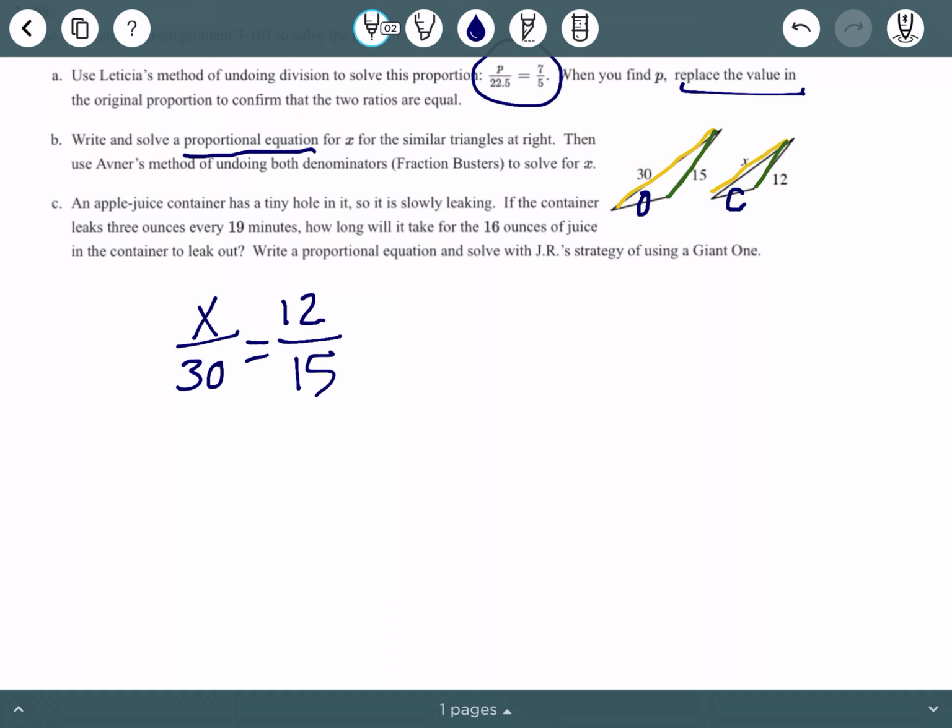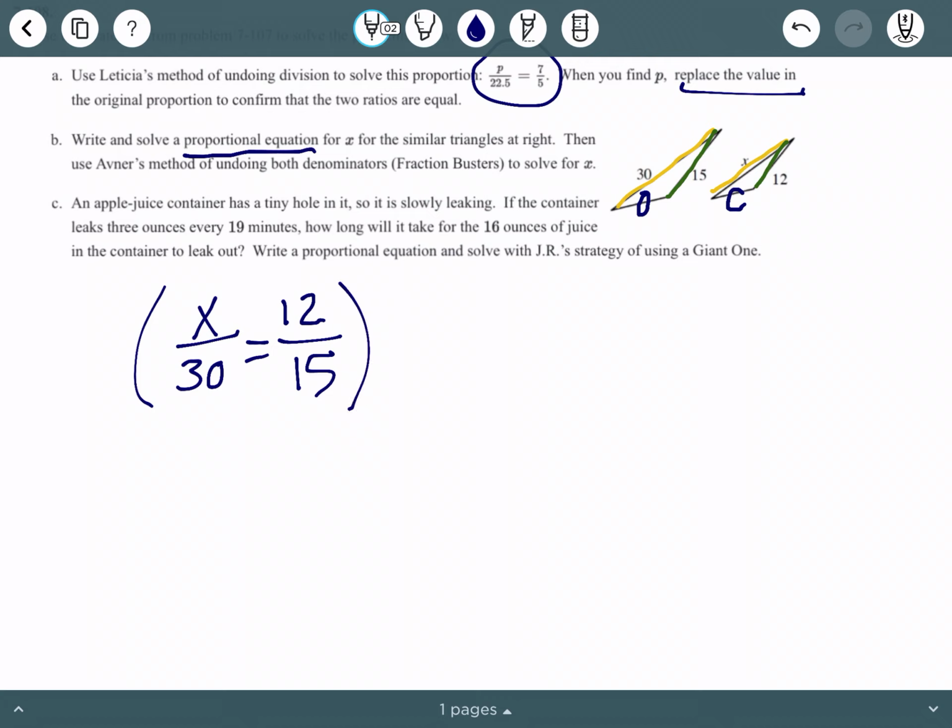So now what we need to do is multiply by the denominators to undo the fractions. So I'm looking for a least common denominator, which in this case is going to be 30.